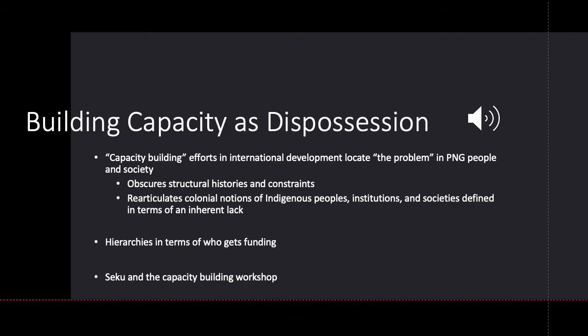The second body chapter, then, shifts from tourism to capacity building and international development. And so one of the things that Paige West does is she points to this common refrain that says Papua New Guineans don't have the capacity to manage large conservation funds or international development funds.